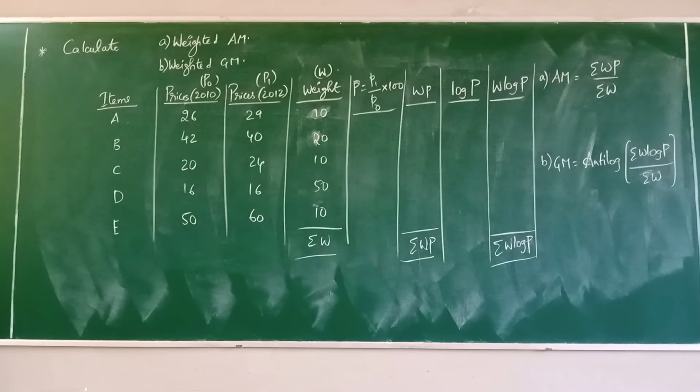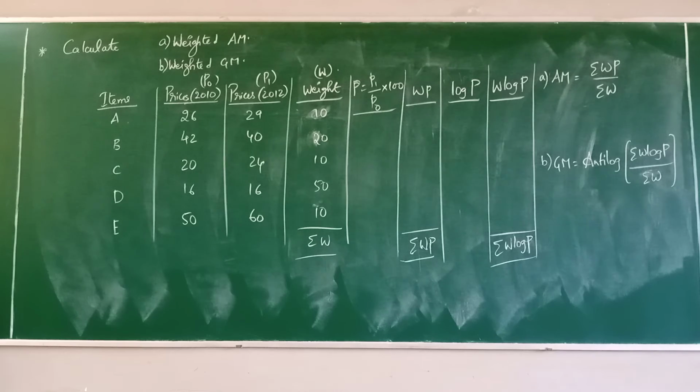For the arithmetic mean, the same price relative P is used, and we need log of P. So again one more column you make, log P. So P price relative and log P, individually you calculate log of P.